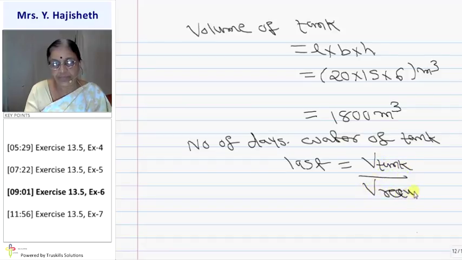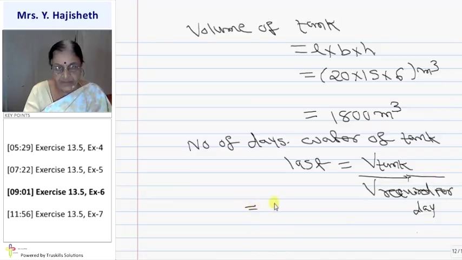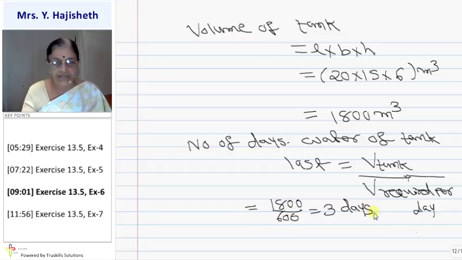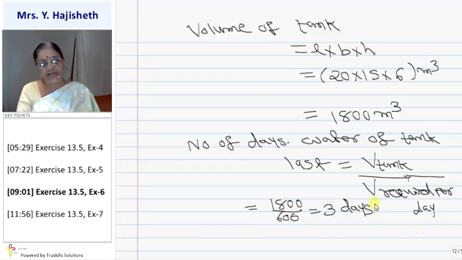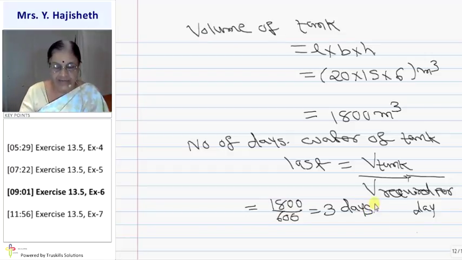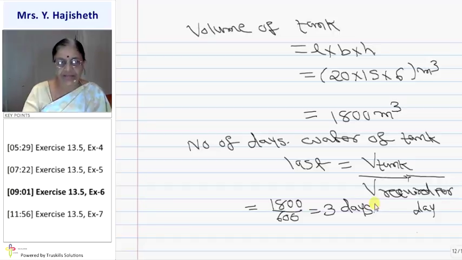Okay, per day. So it is 1800 divided by 600. So what is it? 3 days. So number of days the water of tank lasts is 3 days. 3 दिन तक वो पानी चलेगा.